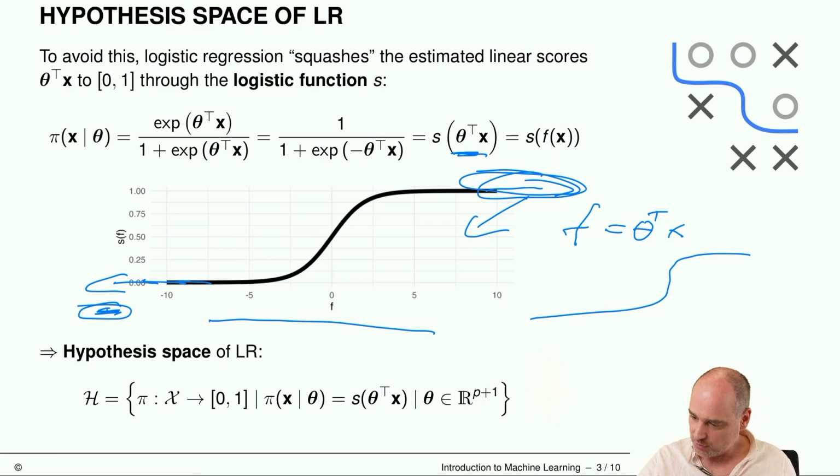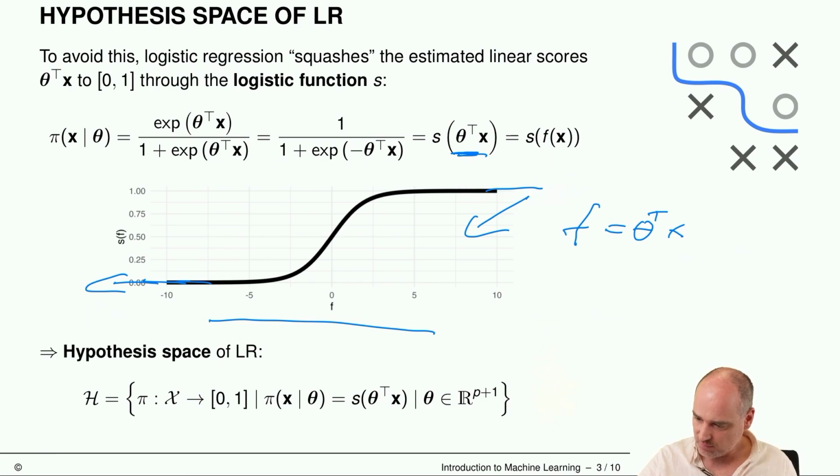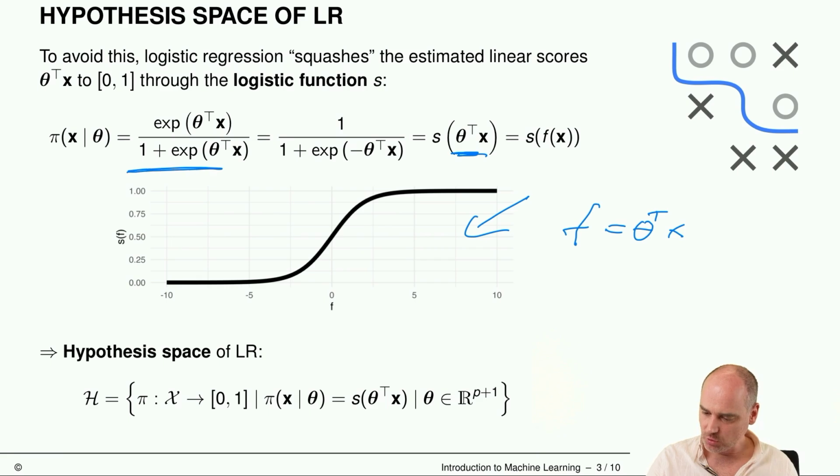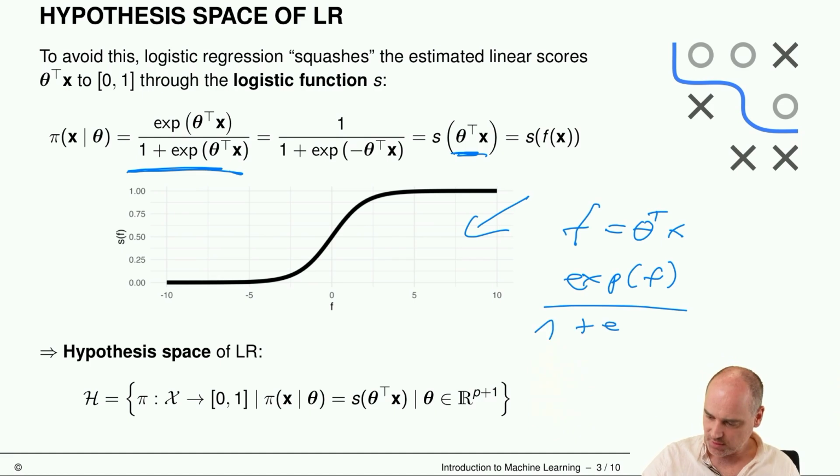And for logistic regression, we'll use a very specific sigmoidal function, which is the so-called logistic function. And I've written down the formula here. So, well, I guess I can write down an even shorter version. So this would be exp of some score f, some real valued number f, divided by 1 plus exp of f. And an even shorter version of this is 1 divided by 1 plus exp of minus f.